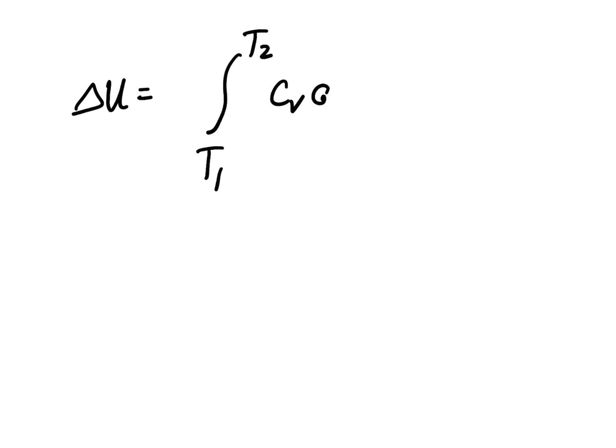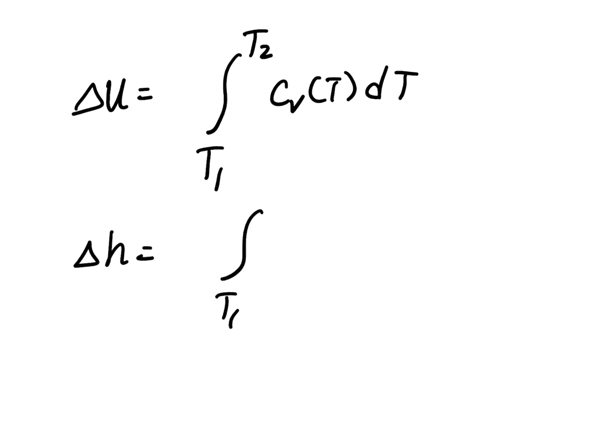So to summarize, I have delta U equals the integral from T1 to T2 of Cv as a function of temperature dT, and I have delta H equals the integral from T1 to T2 of Cp as a function of temperature dT. Okay. All right.